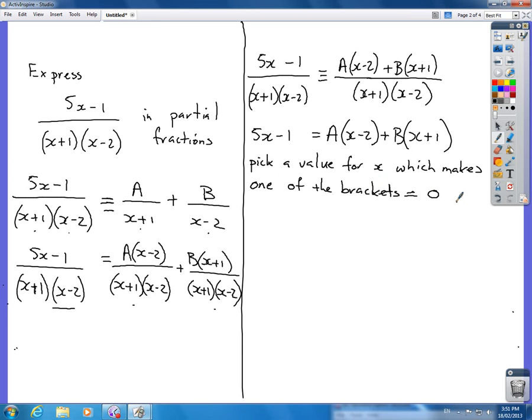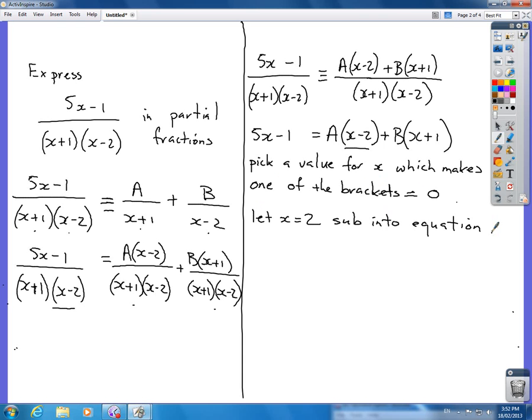So in this case, I'm going to look at this one, x - 2, and I'm going to say, let x equal 2 and substitute that into the equation.